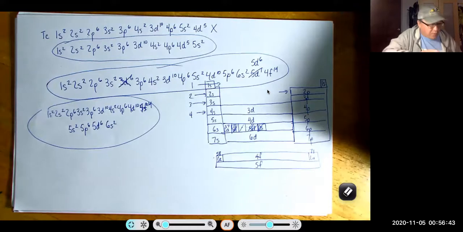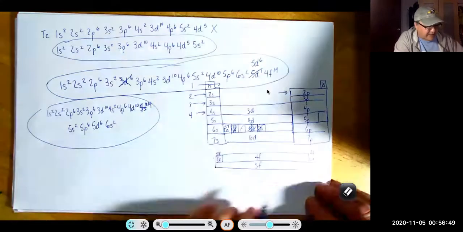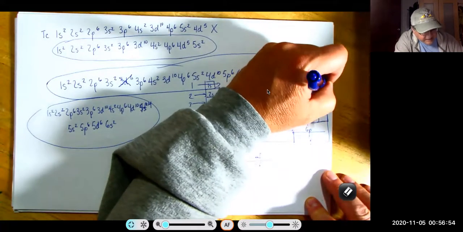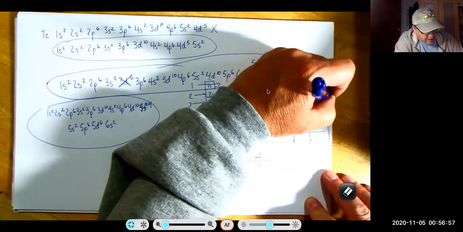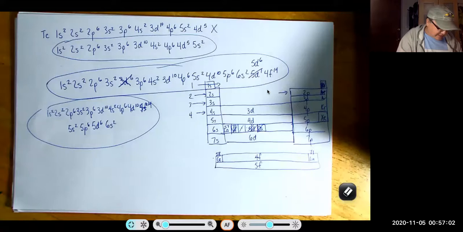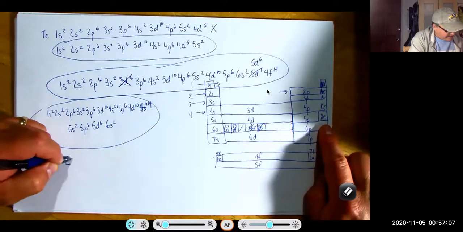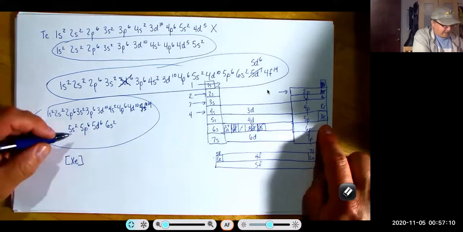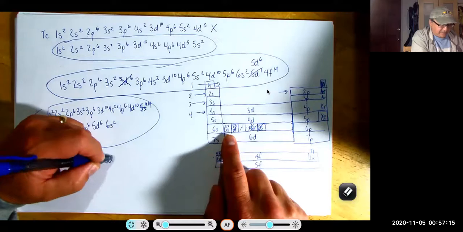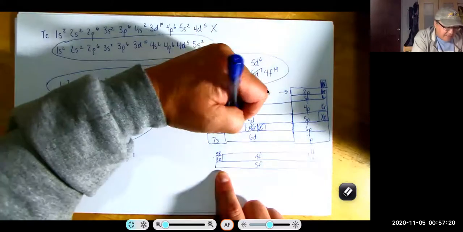Now, suppose we wanted to do the noble gas notation. We would start right here. So what noble gas is that? Well, this is helium, neon, argon, krypton, and I think this is xenon. I'll double check, and yep, that's xenon. So if we start here at xenon, we could write xenon, and then 6s2, 5d1, 4f14, and then we come back up here and we get these other 5ds.